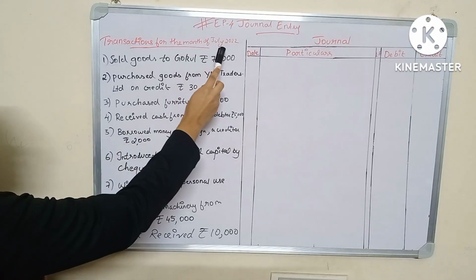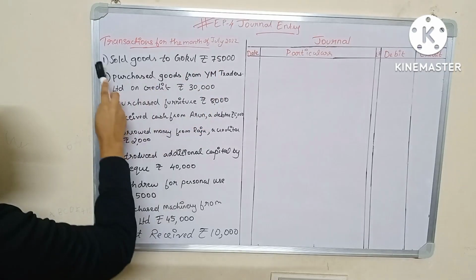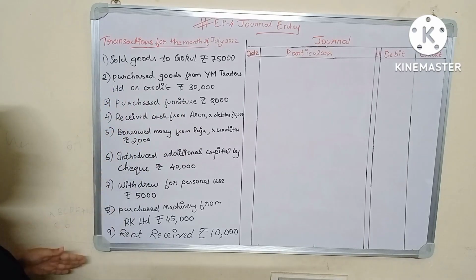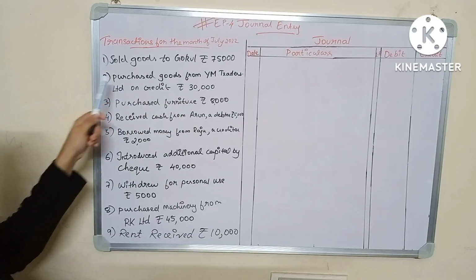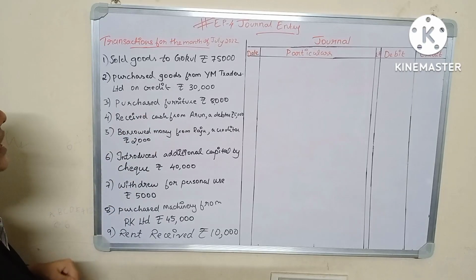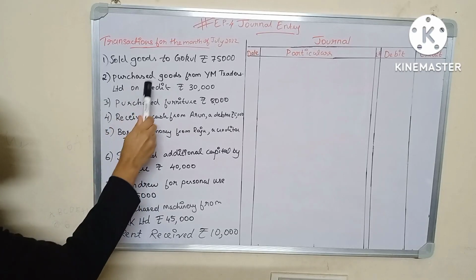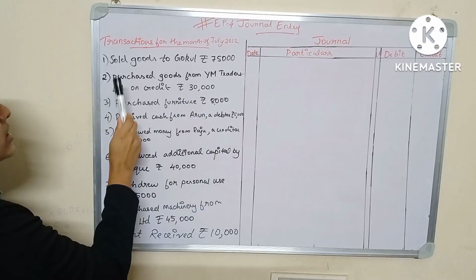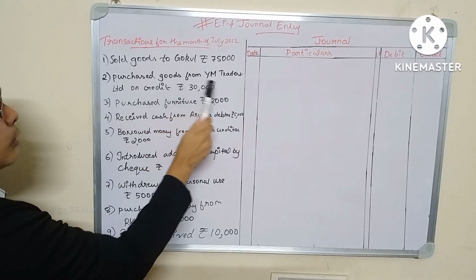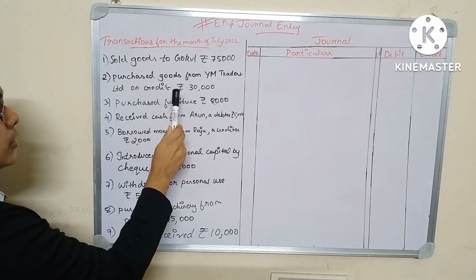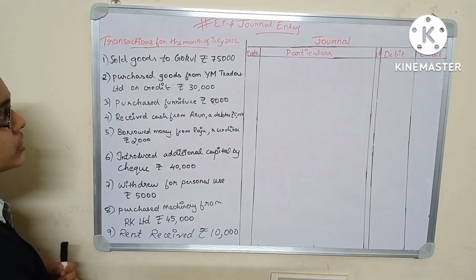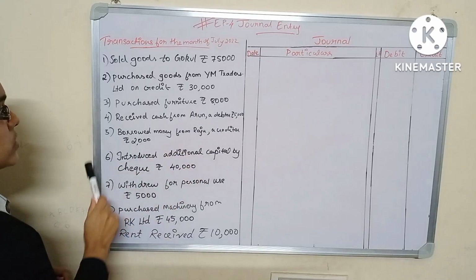Transactions I have provided here, date July, and you can count it like 1 to July 1st, 2nd, 3rd, and so on. On 1st July the transaction made was sold goods to Google rupees 75,000. Second, purchased goods from YM Traders Limited on credit rupees 30,000. Next one, purchased furniture rupees 8,000.